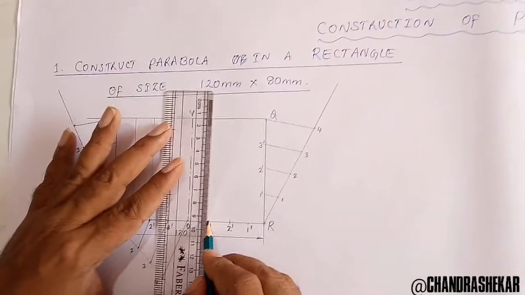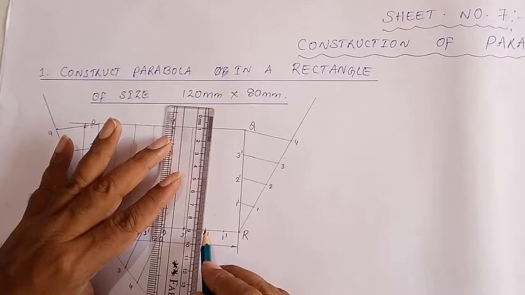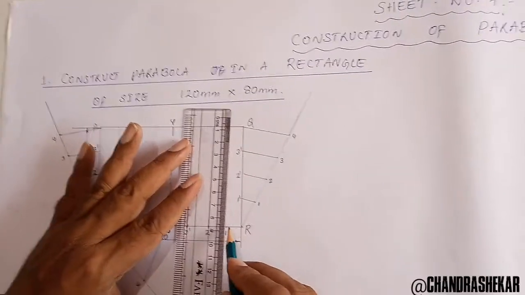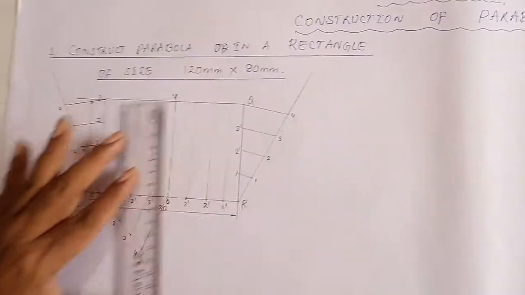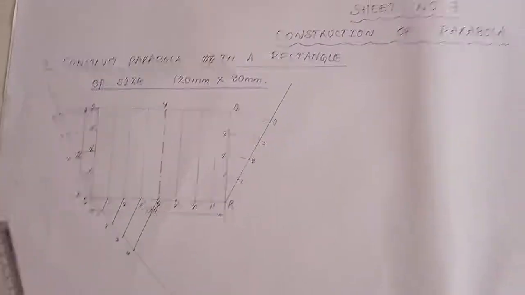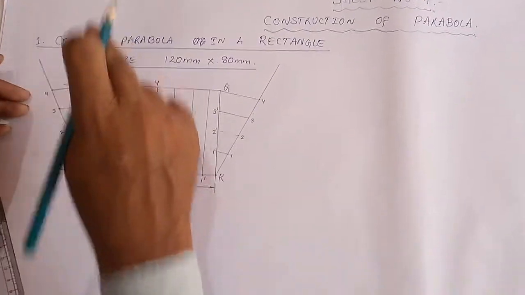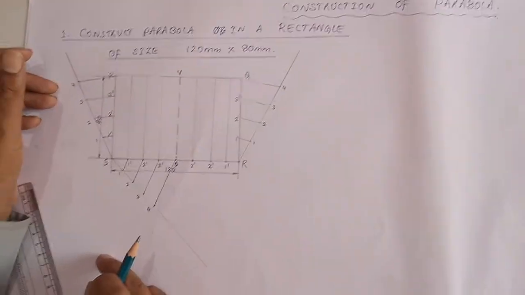Similarly on the other side, from 3 dash, 2 dash, and 1 dash draw vertical lines. Understood?